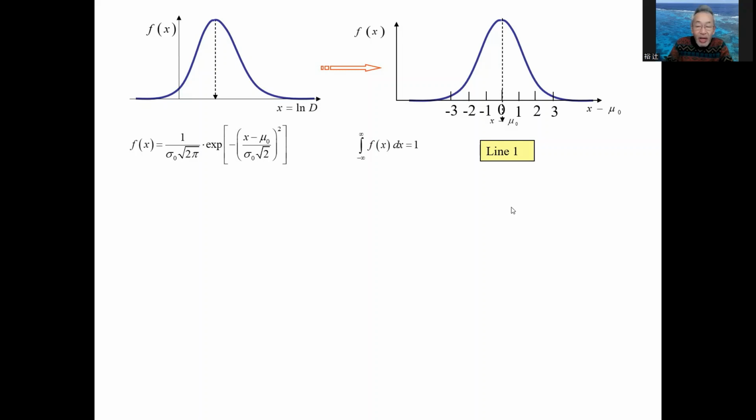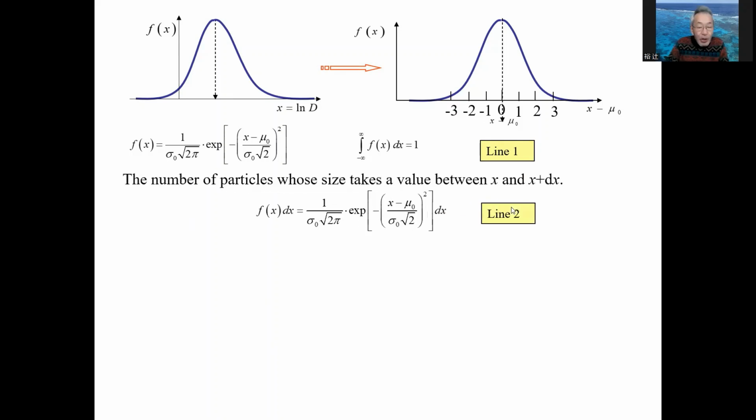But the lower limit of log D is minus infinite. Therefore, the integration range of the normalization formula for the log normal distribution is changed from minus infinite to plus infinite, as shown by the second equation on the first line.